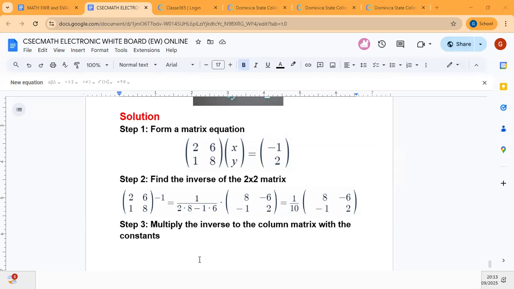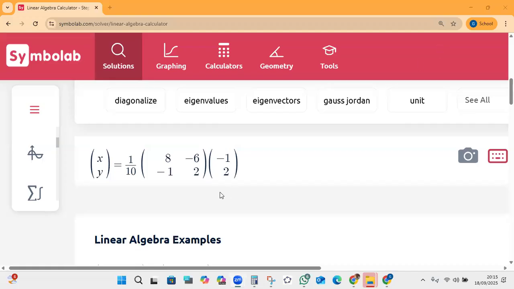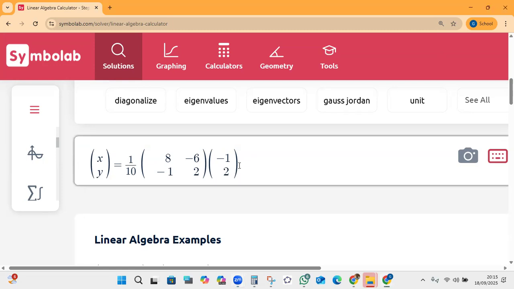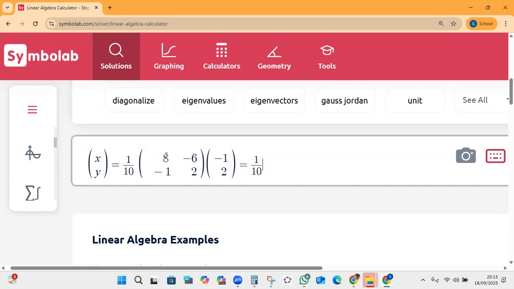We take that inverse and multiply it by the column matrix with the constants, the -1 and 2. So let's do that. Here we are multiplying the inverse by the column matrix with the constants. You keep the 1 over 10 outside still, and you're going to multiply row by column, both rows to the same column.